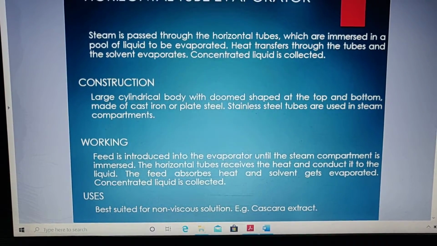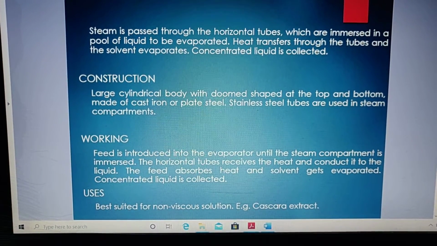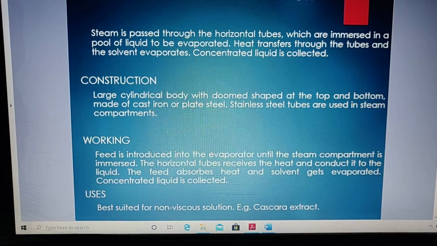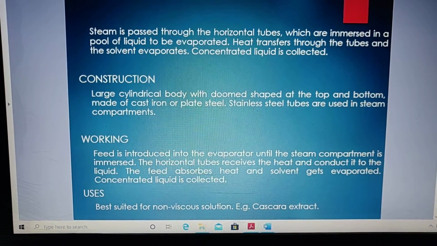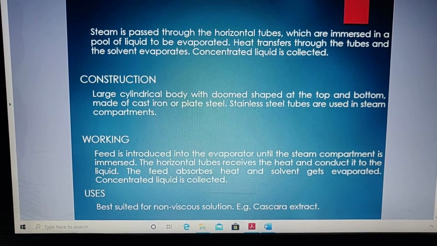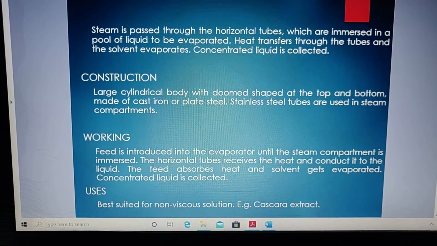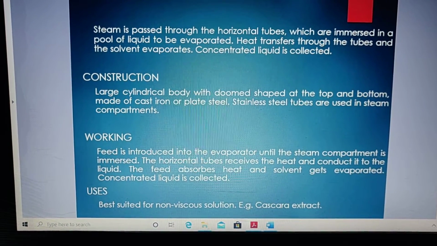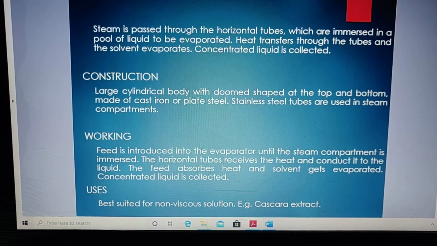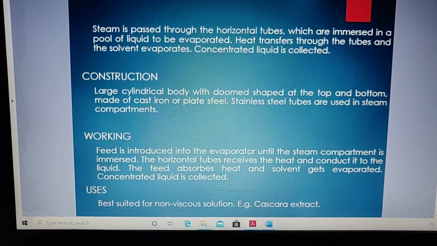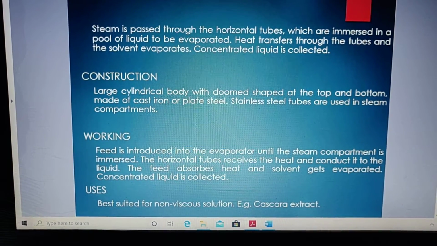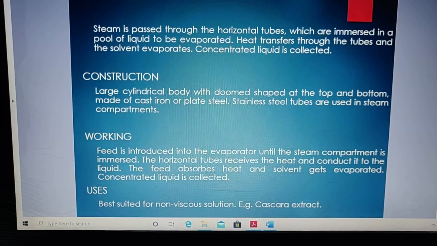Next, construction, how it looked. A large cylindrical body with a domed shape at the top and bottom, made of cast iron or plate steel. Stainless steel tubes are used in steam compartments. So here there is little restriction on your material of construction, whereas in the evaporating pan the advantage was that a variety of material of construction is possible.